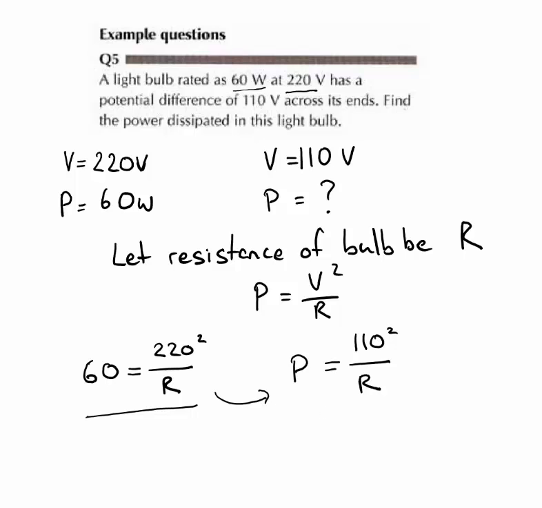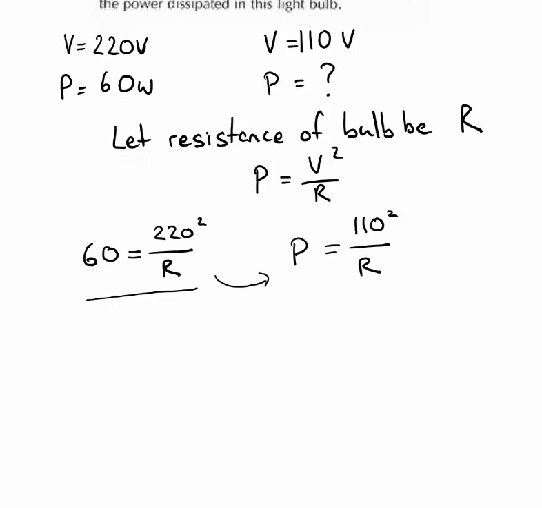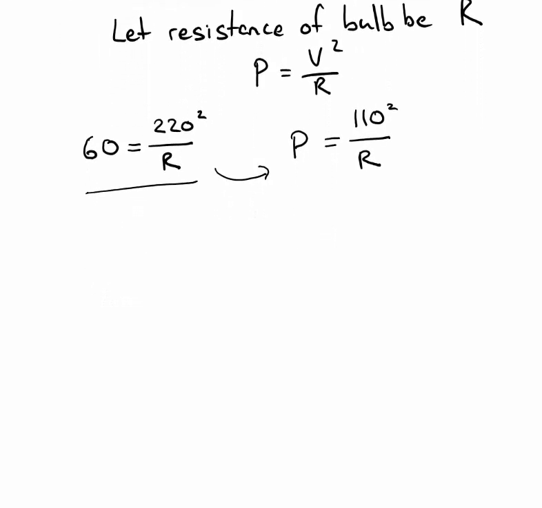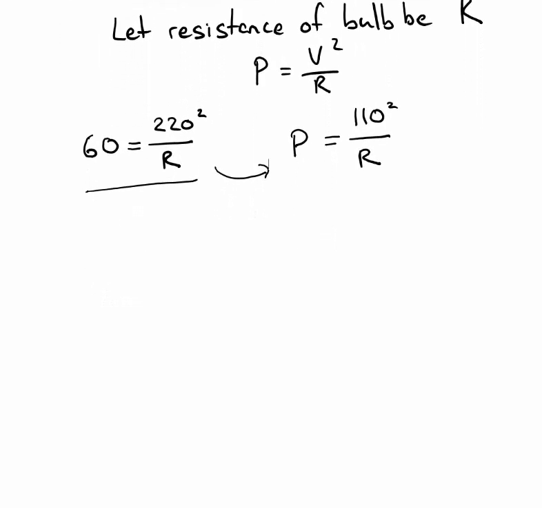We could, of course, work out what R is over here and then substitute it into the second equation. But a little trick that we can do, and I'm just going to shift this up, is to divide one equation by the other. So let's put the left sides of the equations over, so the 60 watts divided by power P, and 220, the right sides of the equations now divided through by each other.